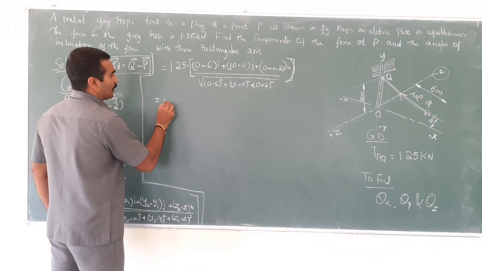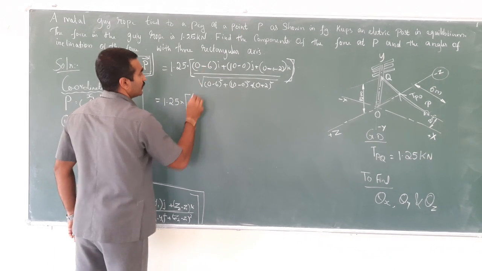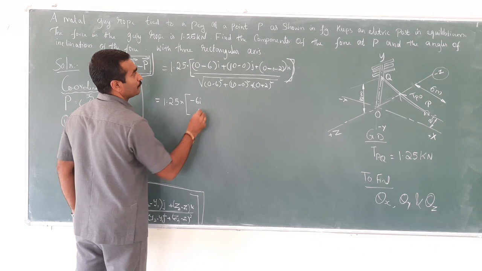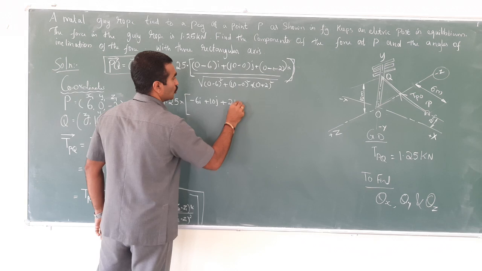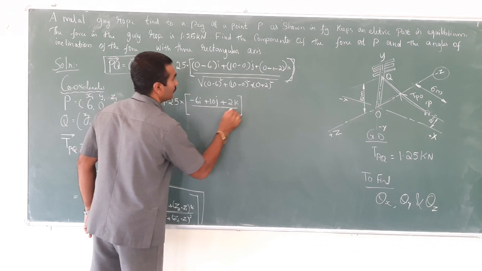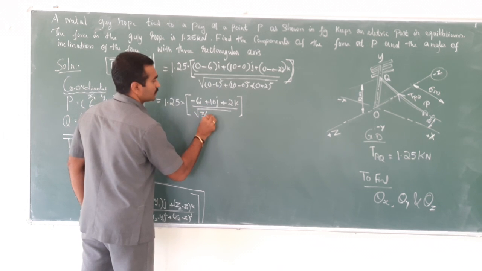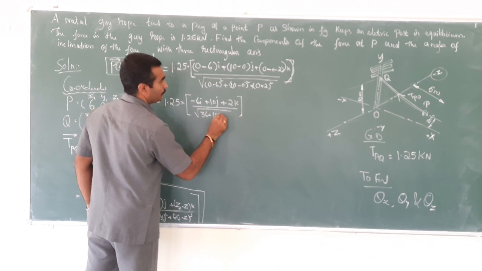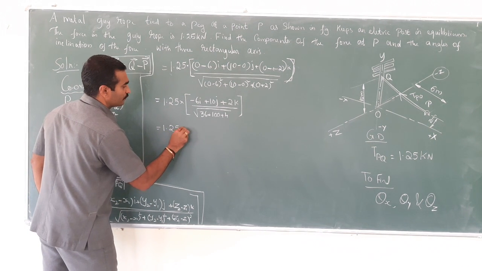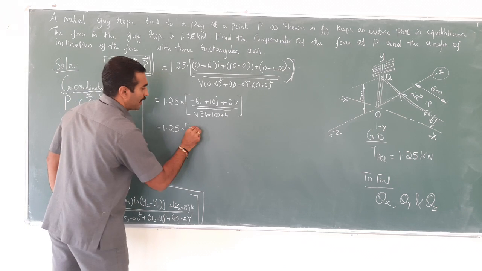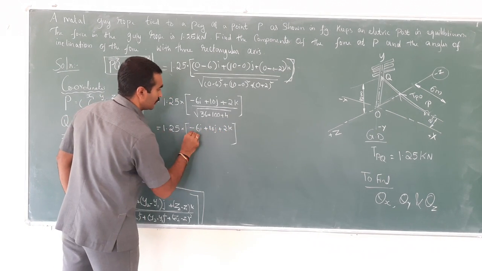This can be written as 1.25 into minus 6i plus 10j plus 2k divided by root of 6 square is 36 plus 10 square is 100, 2 square is 4, which can be written as 1.25 into minus 6i plus 10j plus 2k.